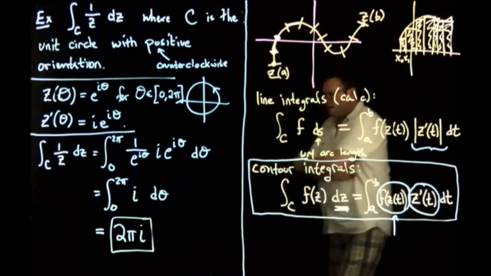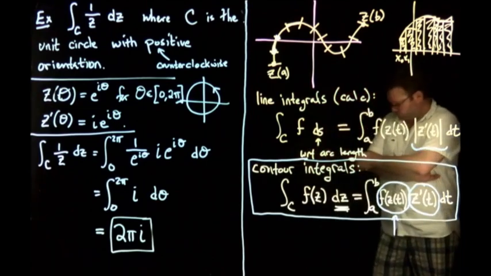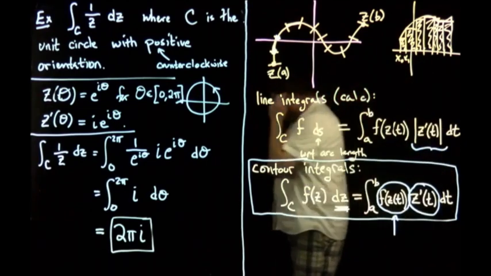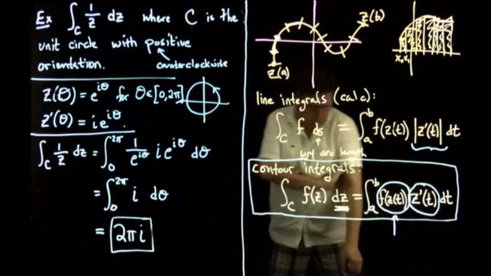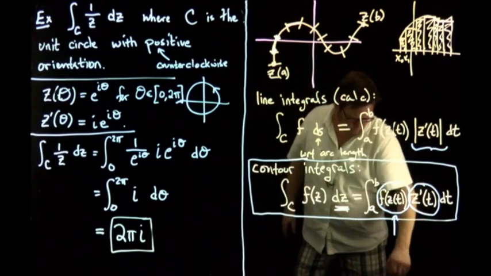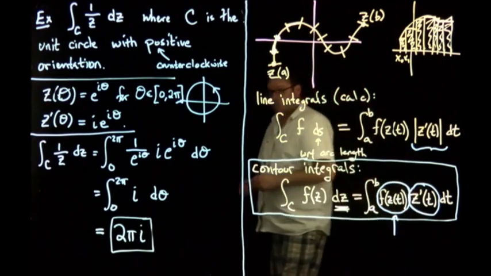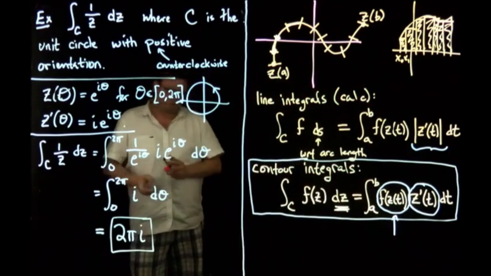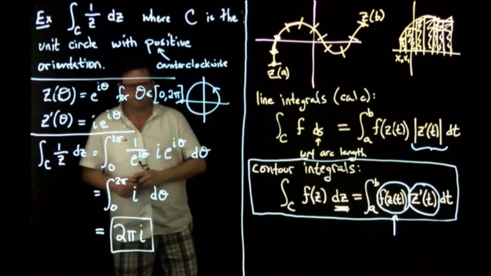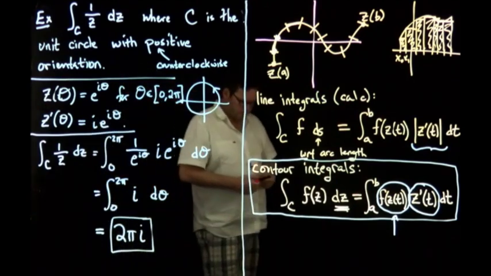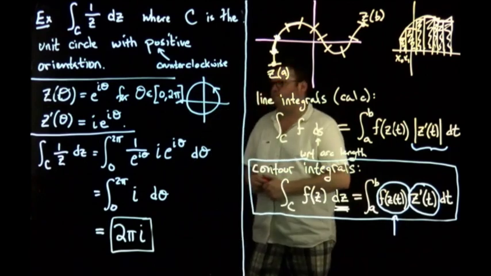Okay, so now let's play with this for a little bit. What if instead of going around the circle once, we wanted to go around the circle, say, 3 times? What would change? Well, last time we talked about 2 different ways to parameterize going around the circle 3 times.